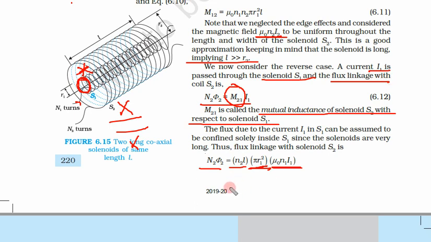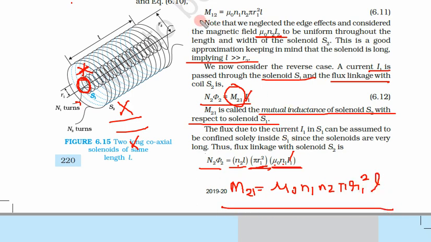So M21 is equal to mu 0, and I1 and I1 get cancelled out. So mu 0, N1 here, N2 here, and pi R1 square. This is M21, pi R1 square into L. So this is what we got.